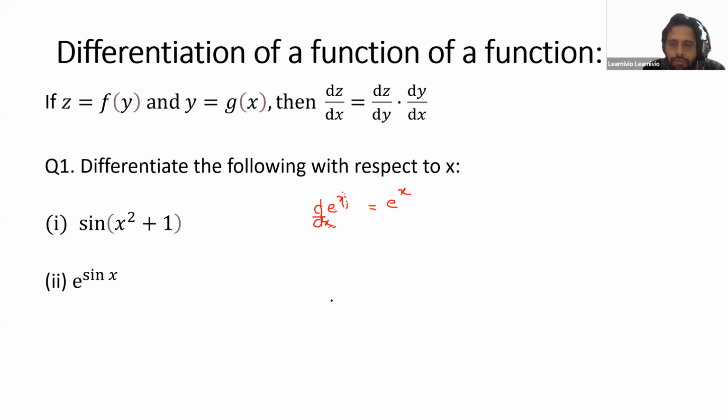There's no need to write it down. So e to the power sine x multiplied by cos x. Very good, Krishna. This is correct. Please try the third one.